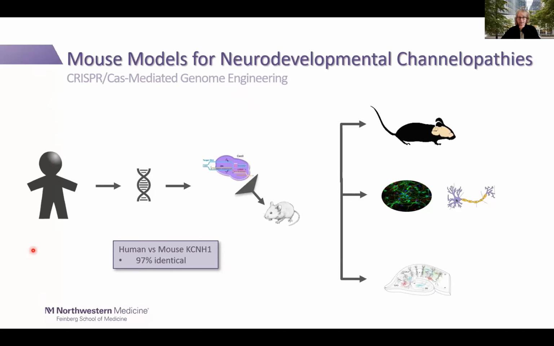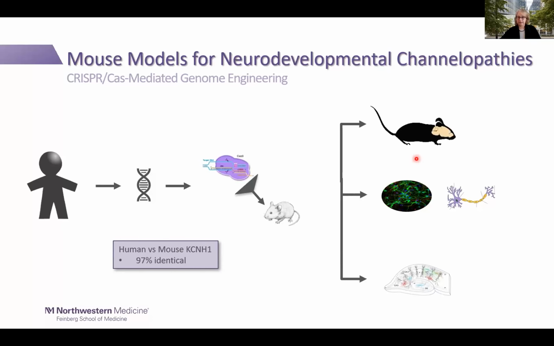But essentially, we go from the clinical genetics from patients, identify the mutation, and then we can introduce that mutation to the same position in the mouse gene. And this really works because human and mouse KCNH1, their amino acid sequence, so the letters that make up the protein, are 97% identical between human and mouse. So really, there are very few changes.